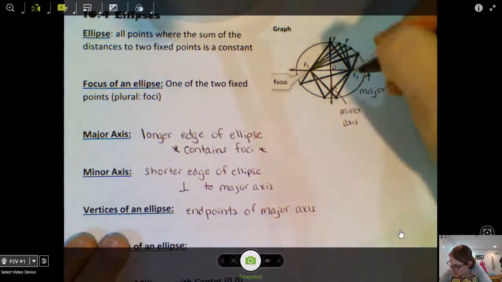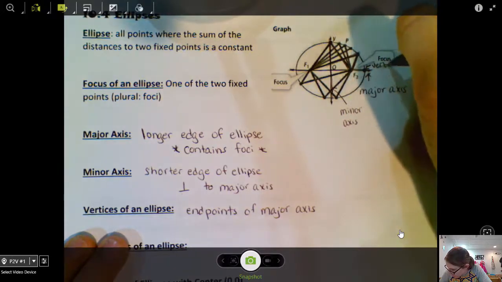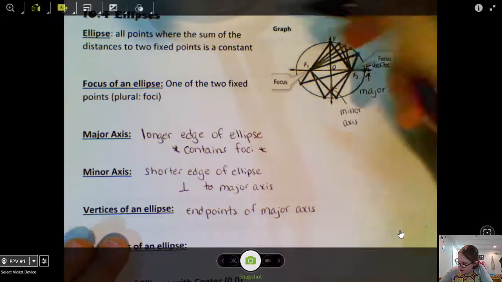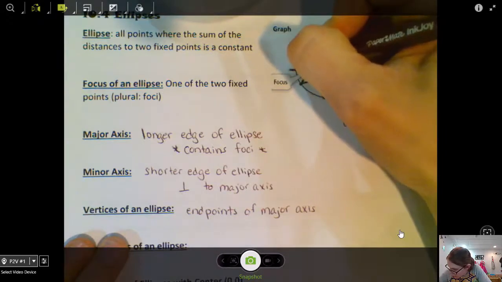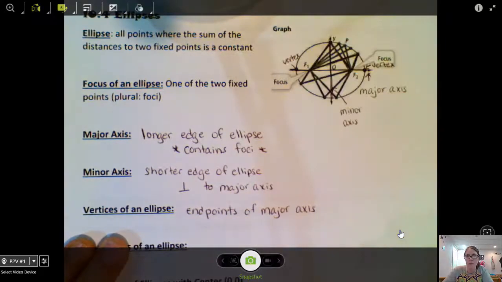So our first vertex on our ellipse would be right here. And we'd also have a vertex right here.